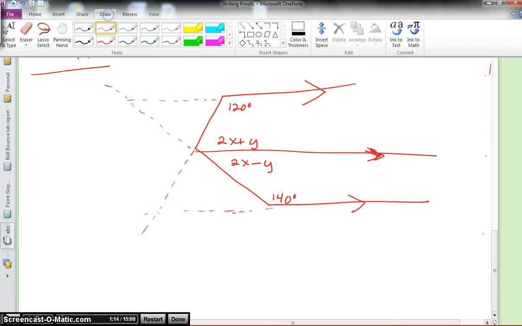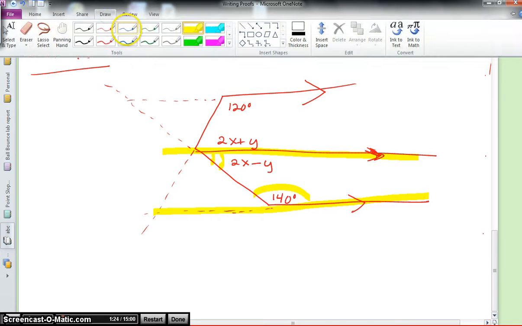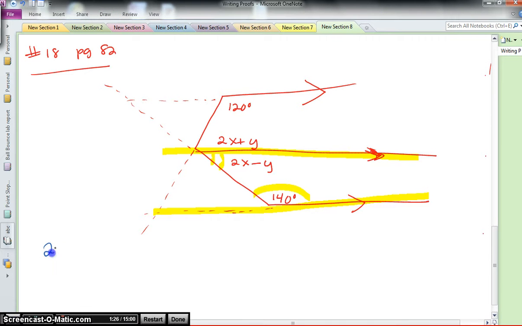So in terms of these two parallel lines, we've got a pair of same side interiors. And we know something about the sum of same side interiors. If the lines are parallel, those two angles have to give 180 degrees.